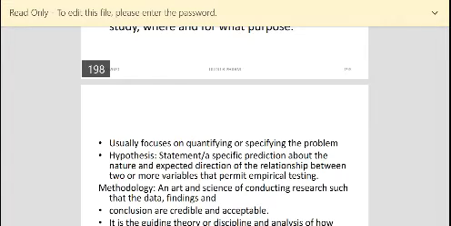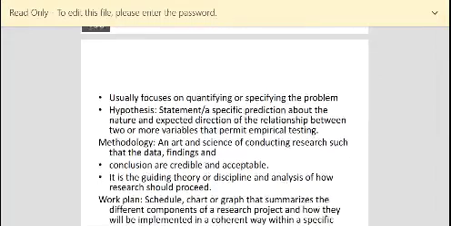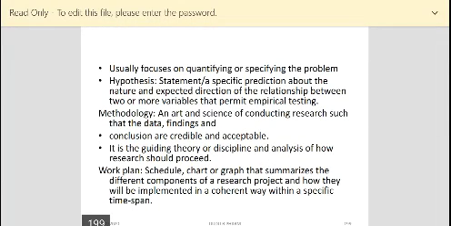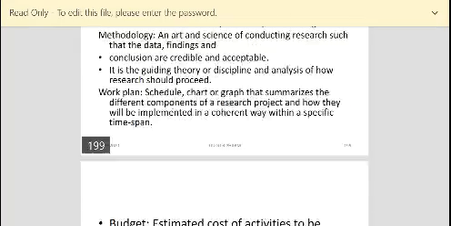So when having that in the introduction part, we come to general objectives, then specific objectives, then the methodology which carries out your research, but also the work plan which gives the schedule chart or graph that summarizes the different components of the research project and how they'll be implemented in a coherent way within a specific time span.